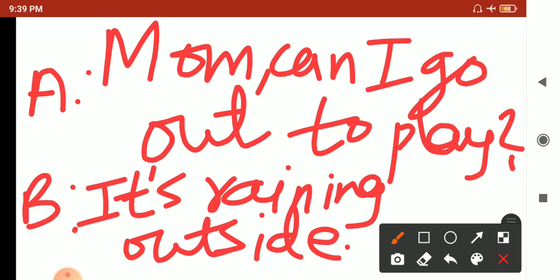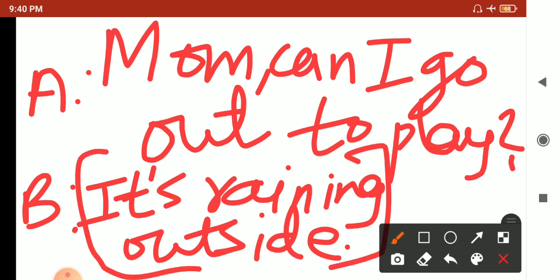So what does B say, or what does the mother say? The mother says, no, you cannot go out. You cannot go out to play. But has she said this directly? No, she hasn't said this directly. She has implied this. So, in B's sentence, in this response, the structure of the sentence is declarative.